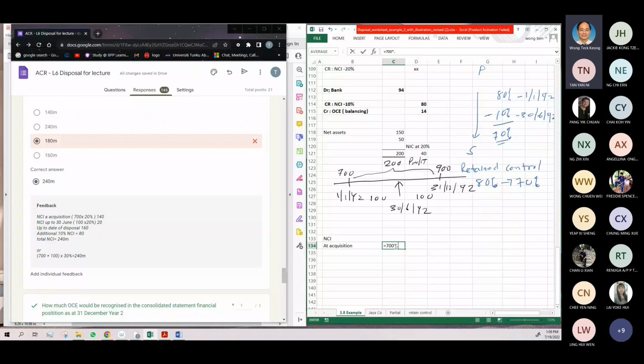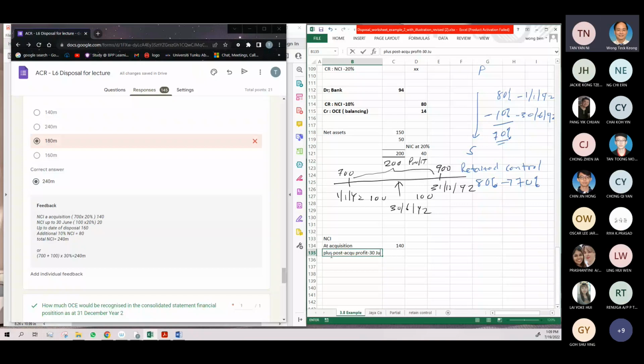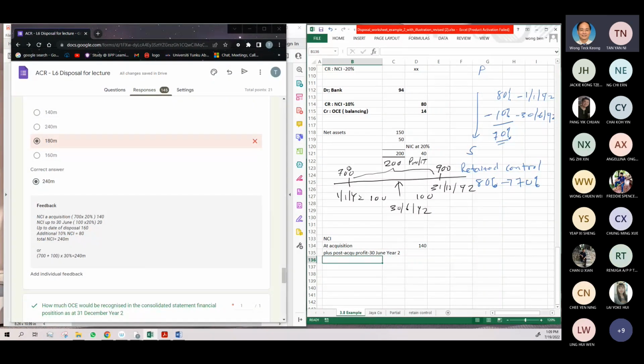And after that, we share the profit. Right? So plus post-acquisition profit. The post-acquisition must be up to 30th June, the date that we dispose, in year 2. We can't use the year-end one. We have 700 given as at year 2 opening, 1st January, and 900 at 31st December.